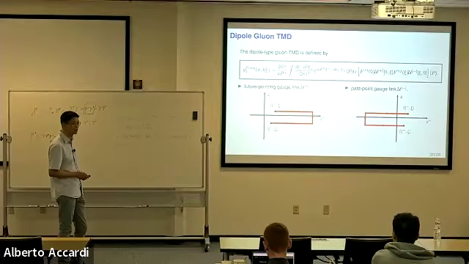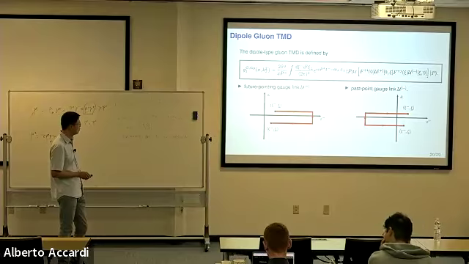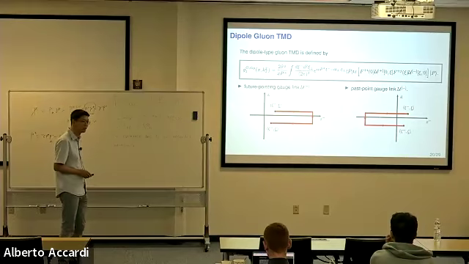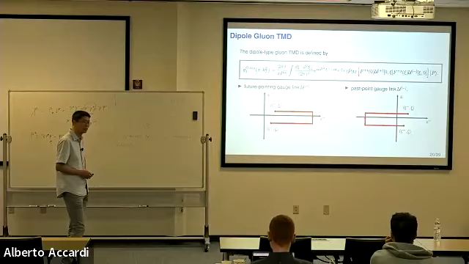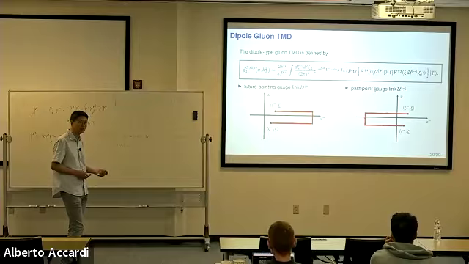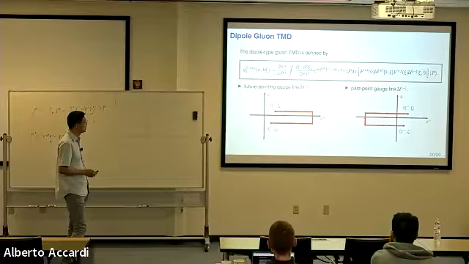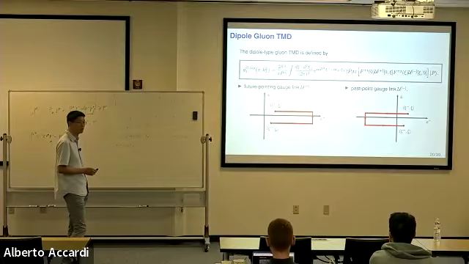There are many choices. The so-called dipole case is where you have two gauge links, one future pointing, the other past pointing. But if you put two different gauge links here, you will have different types of gluon distribution function. This is not like a PDF because it's transverse momentum dependent. In a PDF, remember you have Q², which essentially integrates your transverse momentum all the way up to Q².